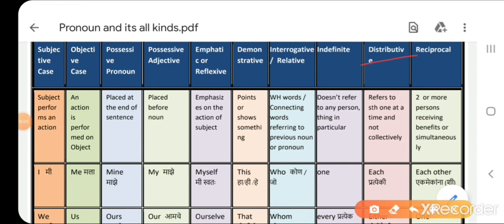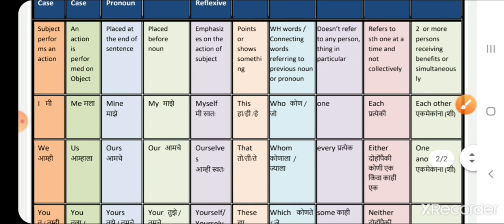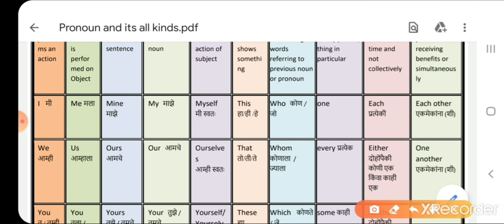Next pronoun is a distributive pronoun. This pronoun refers to persons or things one at a time and not collectively. That means when I say each, it refers to a person one at a time. It does not speak collectively of anybody.